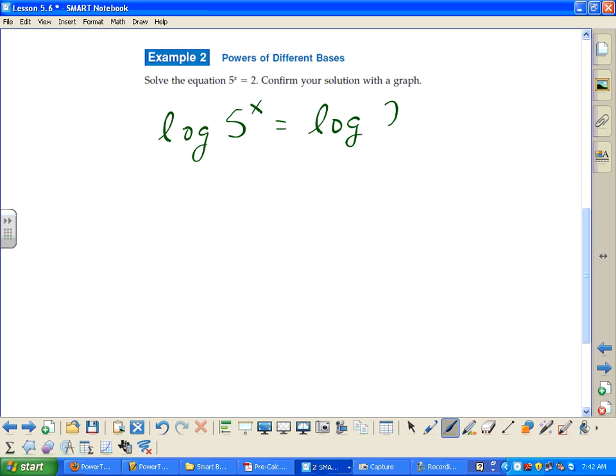Here we are going to take the log of both sides. So we have the log of 5 to the x equals the log of 2. Basically all I did is put a logarithm in front of both of them. Now I can use the power rule of logarithms and take that x from the exponent and move it into the front of the logarithm. To solve this equation, I just need to divide by the log of 5.